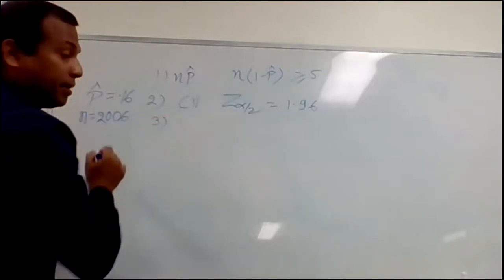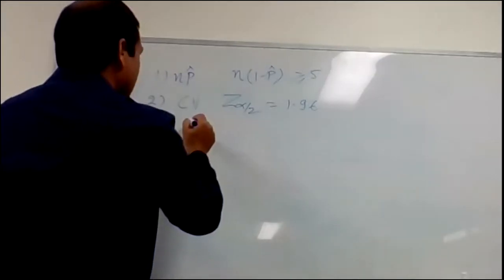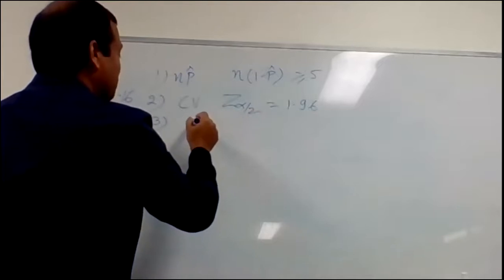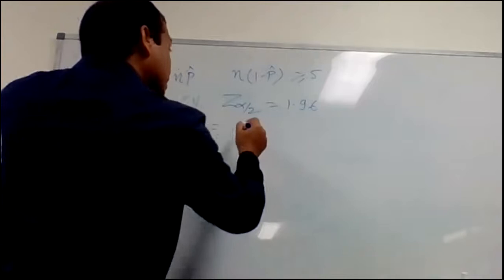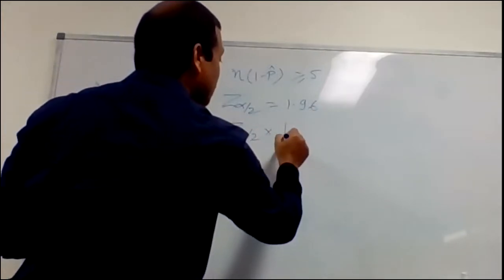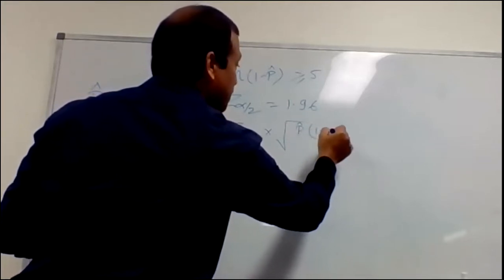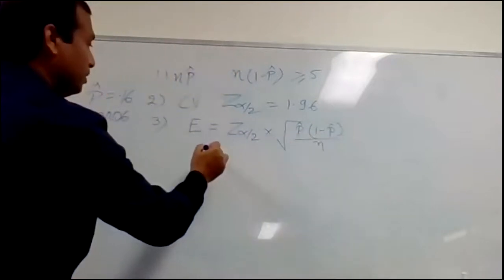What is the stage number 3? Find the margin of error, right? Or error of margin or margin of error, right? So you need to find out E using the formula z alpha by 2 into square root of p hat 1 minus p hat divided by n. Can you get this one?